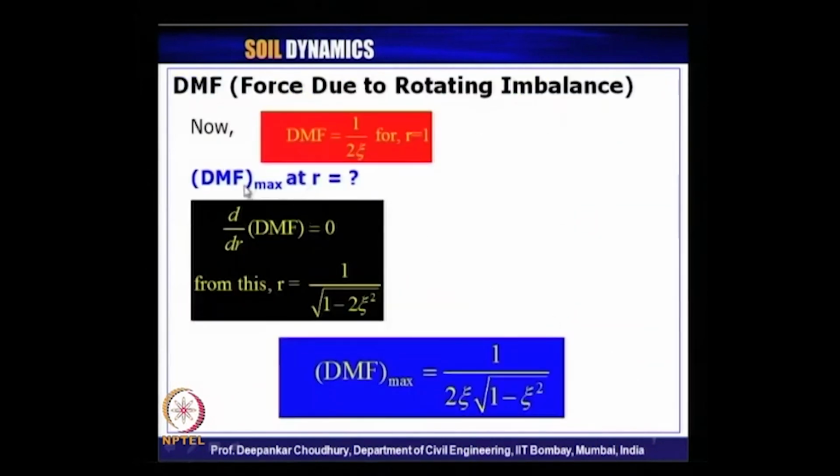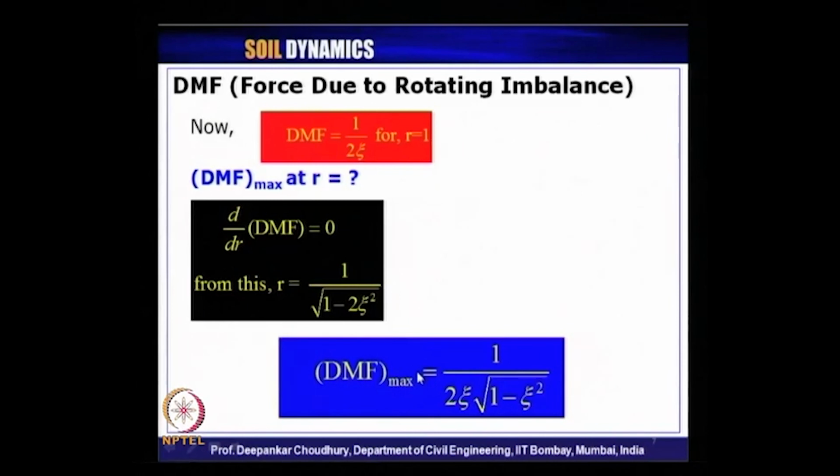Also, we have computed the maximum dynamic magnification factor and at which value of the frequency ratio it occurs. We obtained that the frequency ratio where it becomes maximum is 1 by root over 1 minus 2 eta square, where eta is the damping ratio of the system, and the value of that maximum dynamic magnification factor is 1 by 2 eta root over 1 minus eta square.